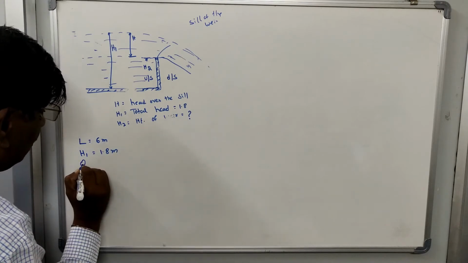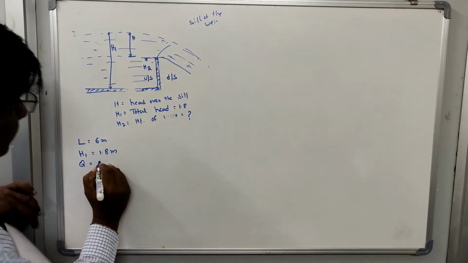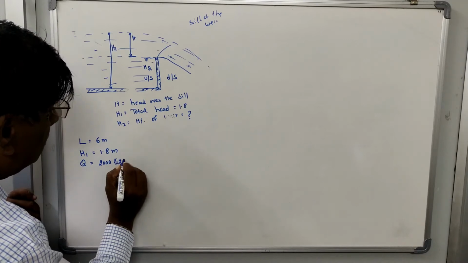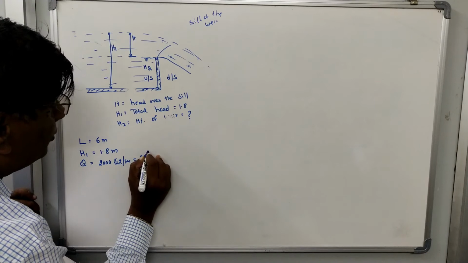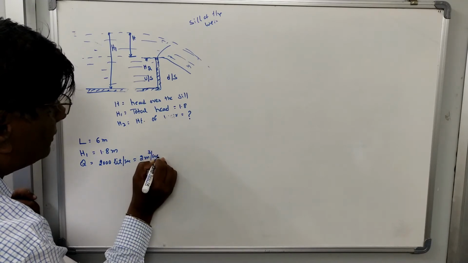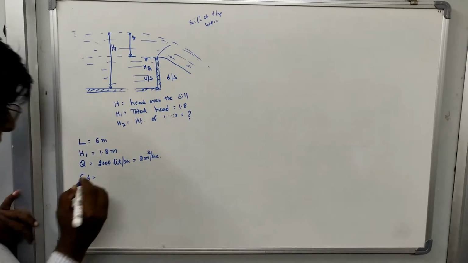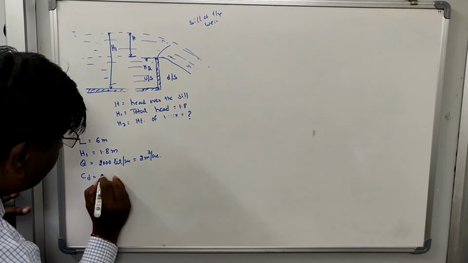Then discharge Q is also given, 2000 liters per second, or 2 meter cube per second. Then the coefficient of discharge CD is also given as 0.6.